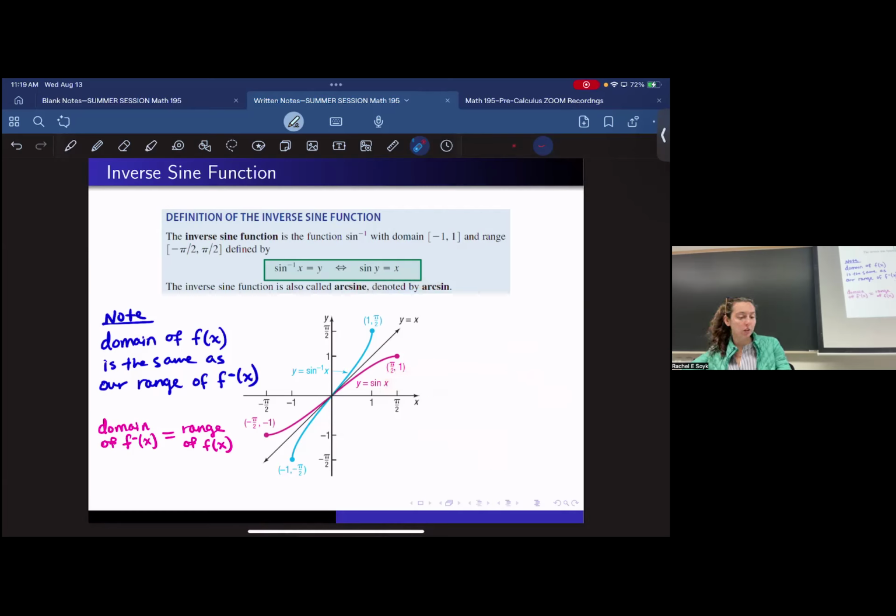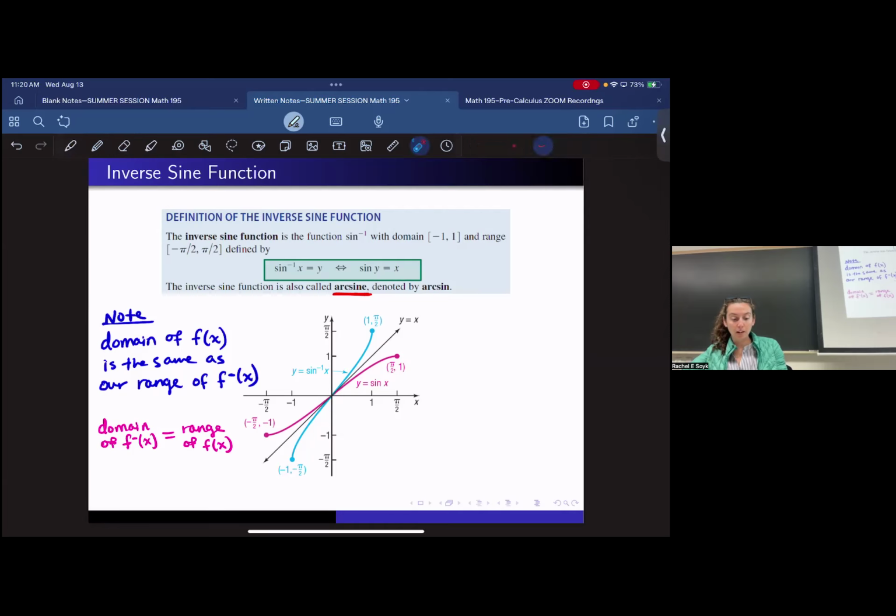Another way to state inverse sine function is just arc sine, and you'll see that a lot on your calculator. I think on your calculator they usually do sine inverse, but arc sine does pop up every now and then. So know that they're just synonyms of one another.